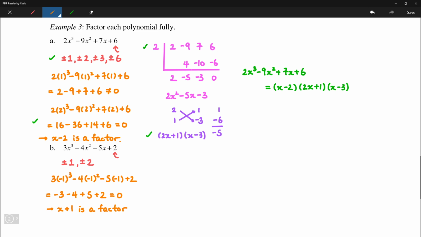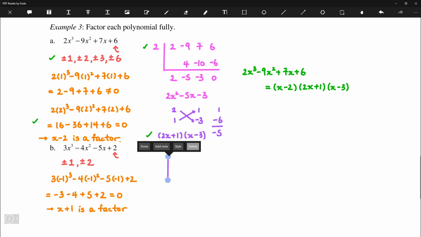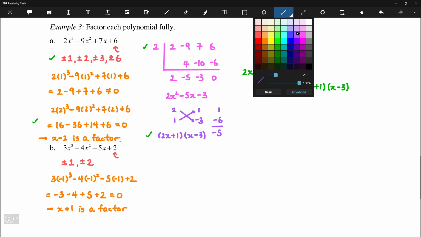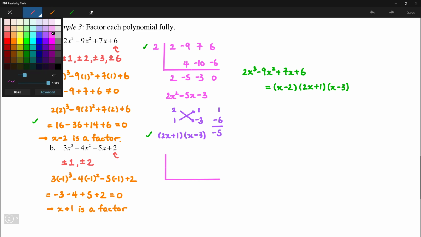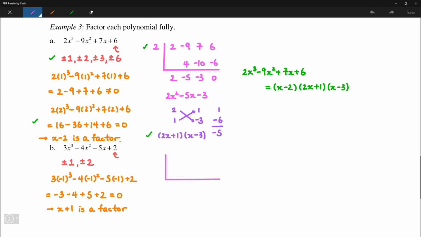So that's step 2. Step 3 is the synthetic division step. Let's go ahead and do that here. Oops, that's the wrong color. So I'll match it with the previous example so it's a little bit easier to read. Okay, so in this case, we have the coefficients of 3, negative 4, negative 5, and 2. And the number on the left-hand side that we'll write is negative 1, right?